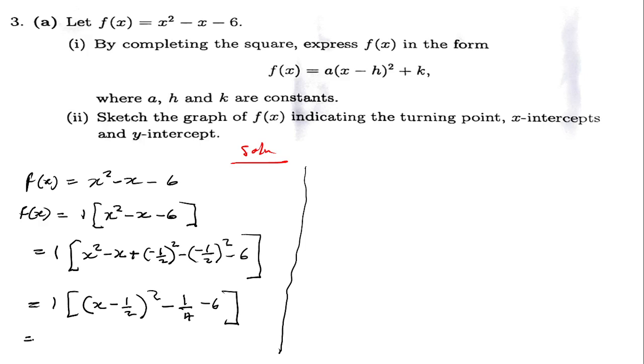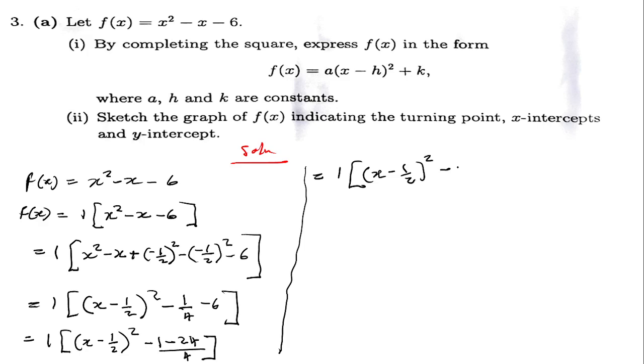This will be negative 1 over 4 minus 6. 4 times 6 is simply 24, so negative 24 over 4. Then from here you say 1, open brackets, x minus half, close bracket squared, and up there it will be negative 25 over 4.